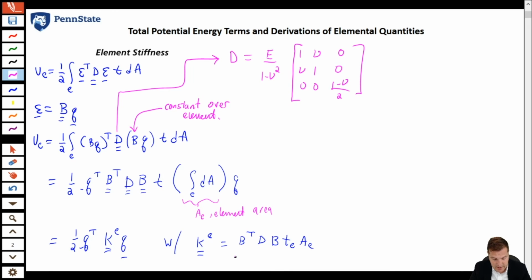B is a 3 by 6, so B transpose is a 6 by 3. D is going to be a 3 by 3. Then we have B, a 3 by 6, and that leaves us with a 6 by 6. So all that gives us a 6 by 6 element stiffness.